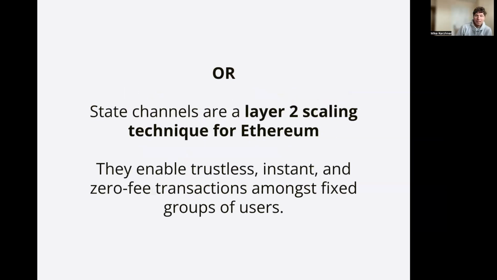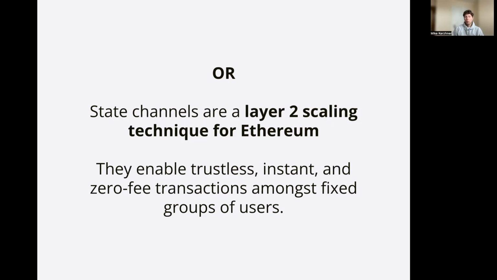Let's define state channels in another way. They are a layer two scaling technique for Ethereum, but really can be applied to any blockchain, and they enable trustless, instant, and zero-fee transactions amongst fixed groups of users.